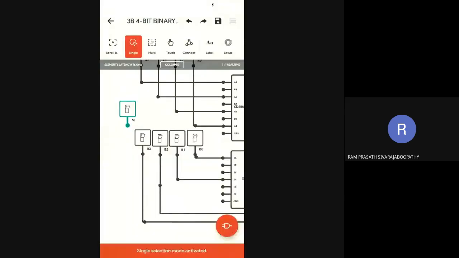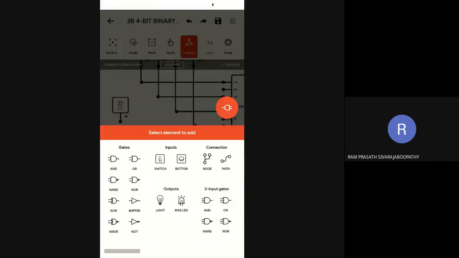So what are we going to do with M? We are going to connect it as a second input. For this we can give it through a node. One node we are using.